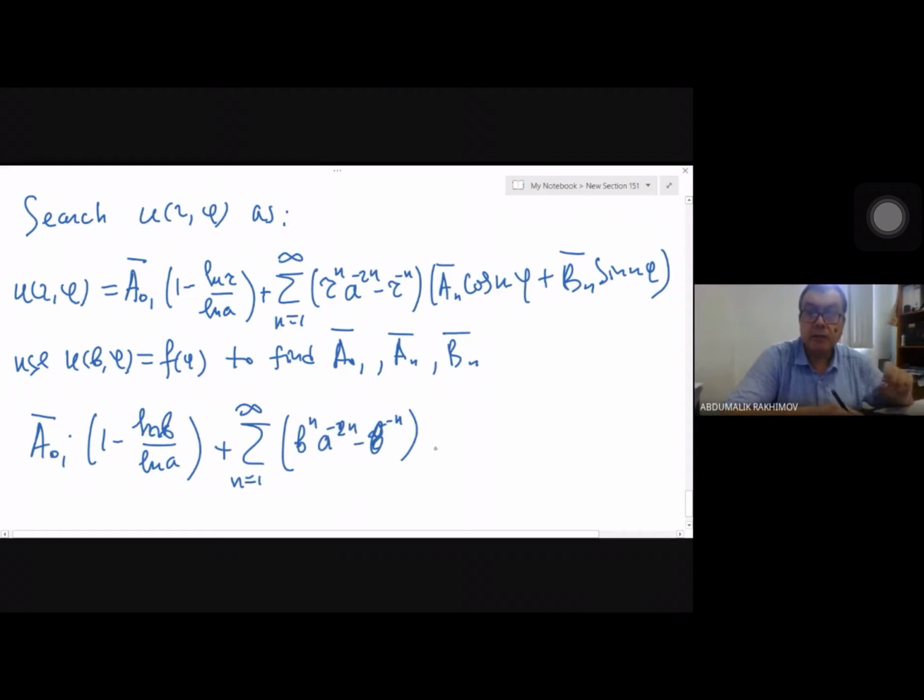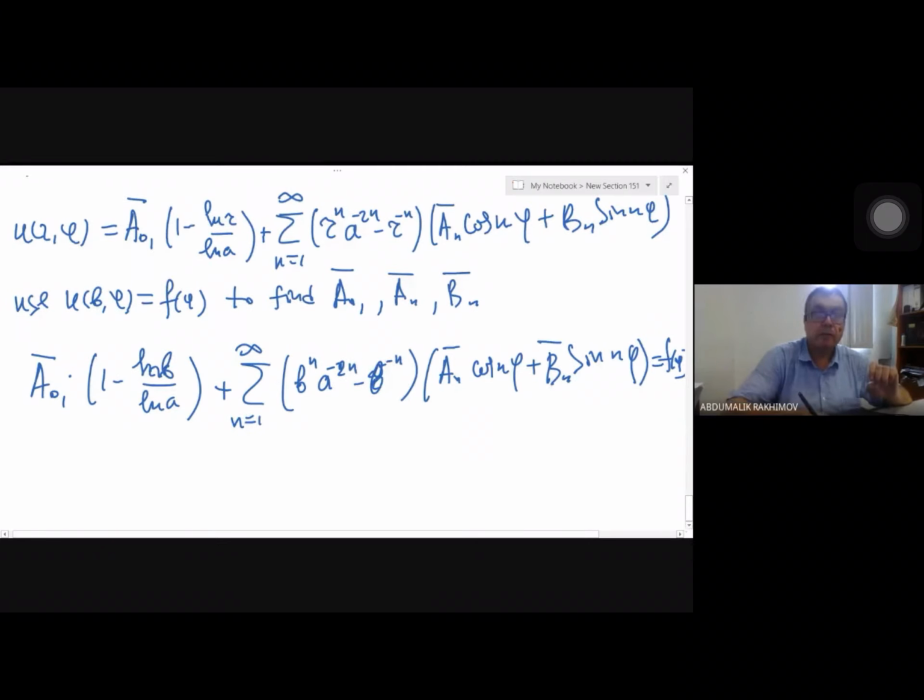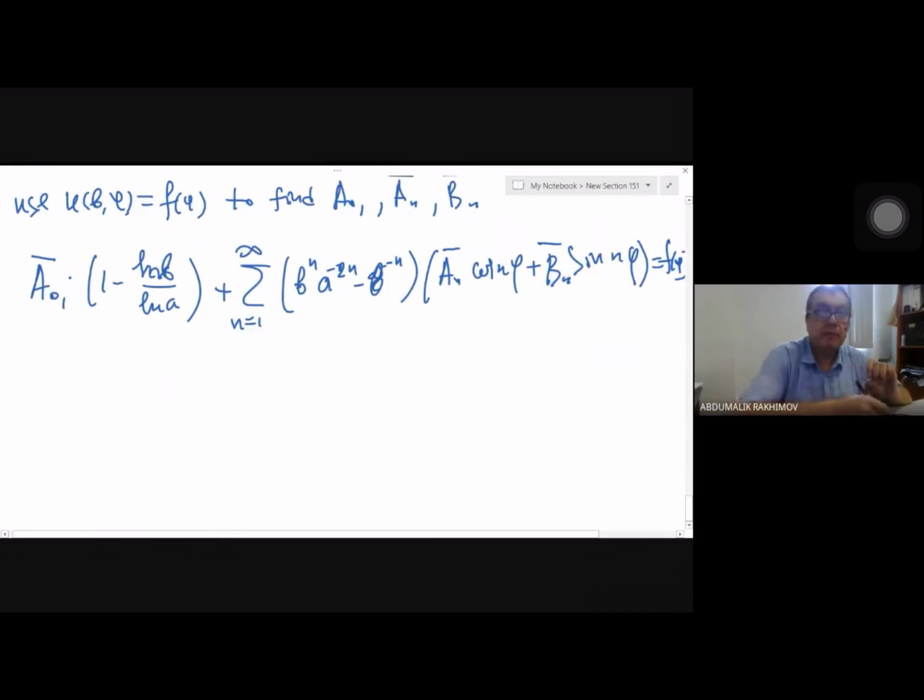This is a constant, right? So we have An bar cosine n phi plus Bn bar sine n phi, which should equal F(phi). So this is the Fourier series. Now we can find all coefficients. What will be this coefficient A01?